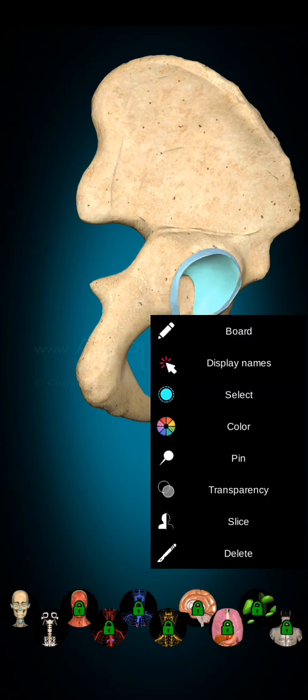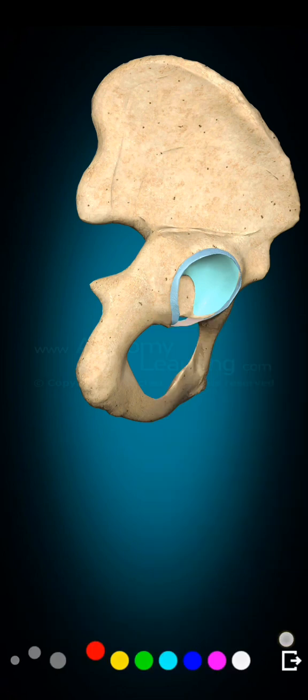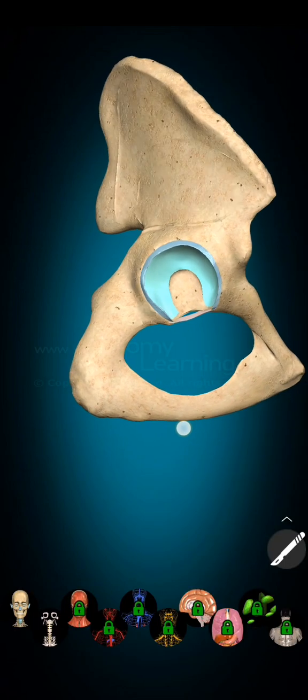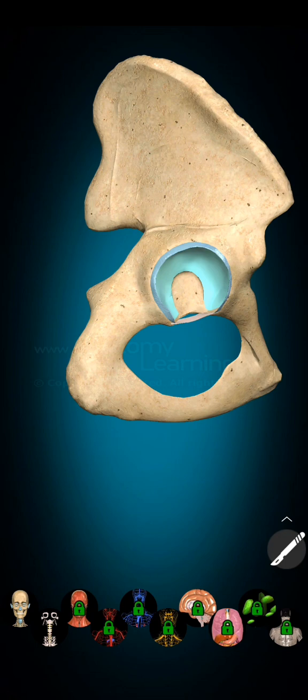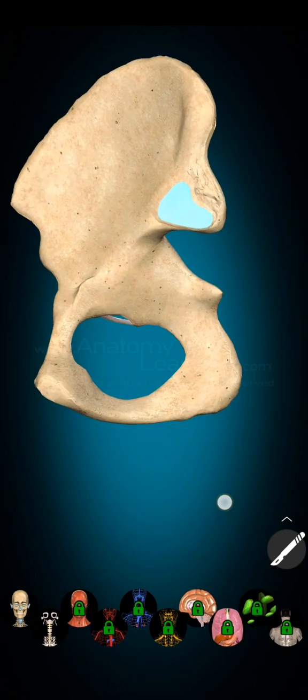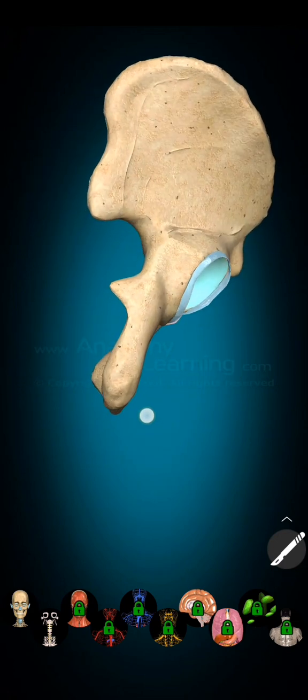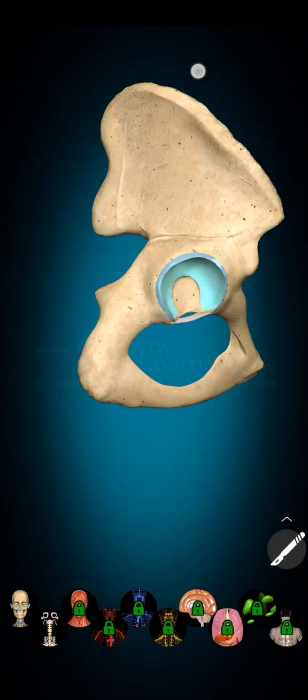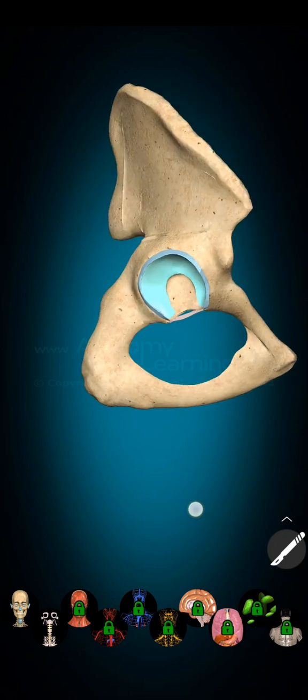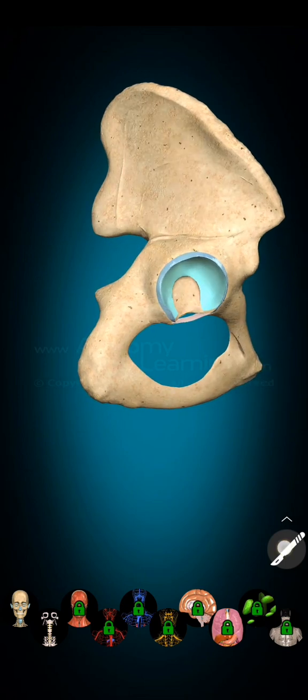So let me move on to the parts of this hip bone. This is the outer surface of the hip bone, and this is the inner surface. Let me talk about the outer surface first.